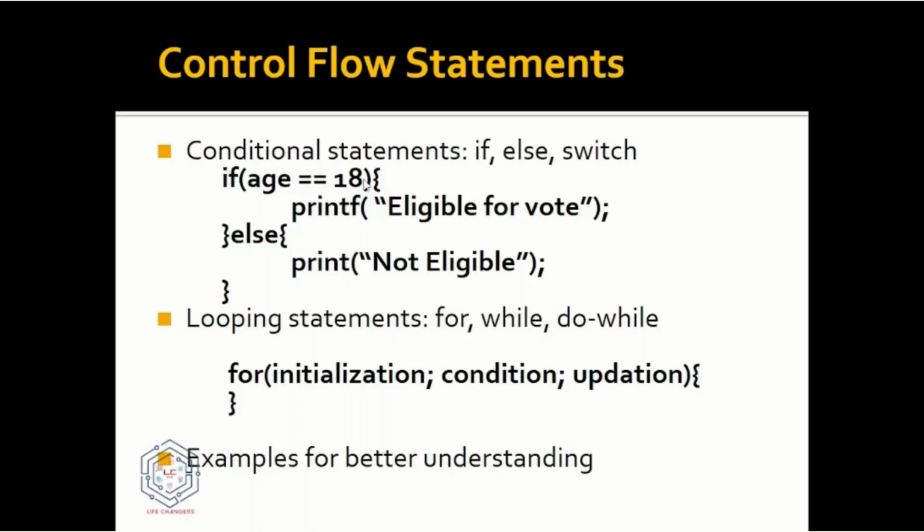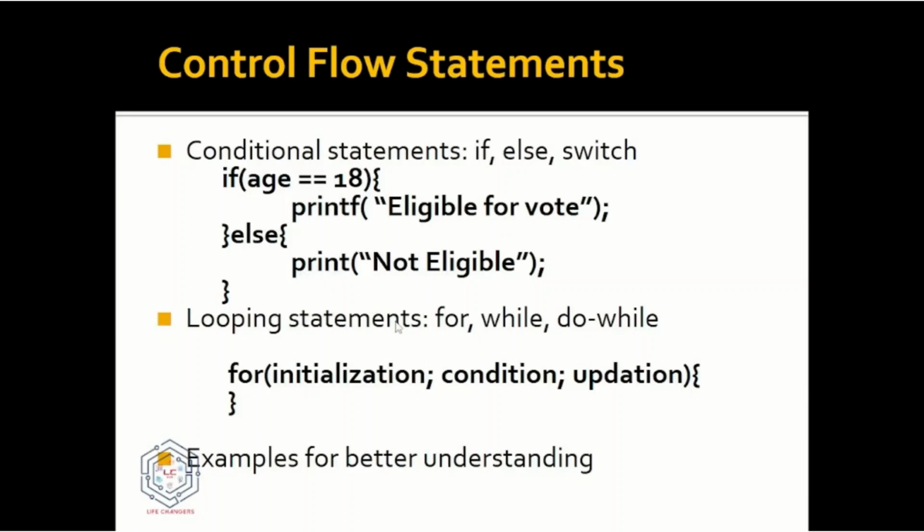If the condition is true, then this part is executed. If the condition is false, then the else part is executed. If the user gives age equal to 10, then it checks if age is equal to 18, which is definitely not. So the else part will be executed, printing not eligible for voting.